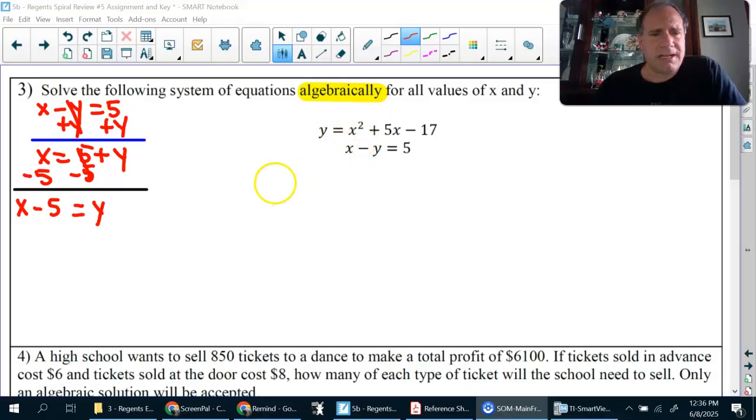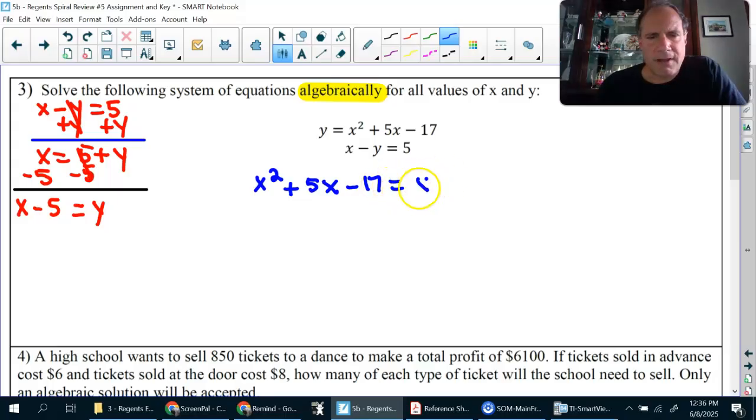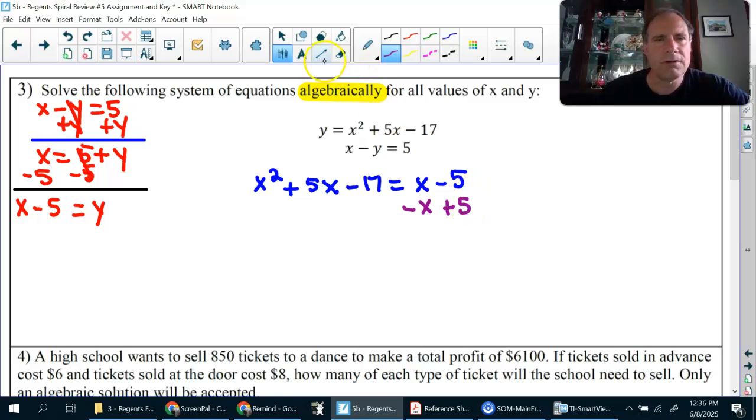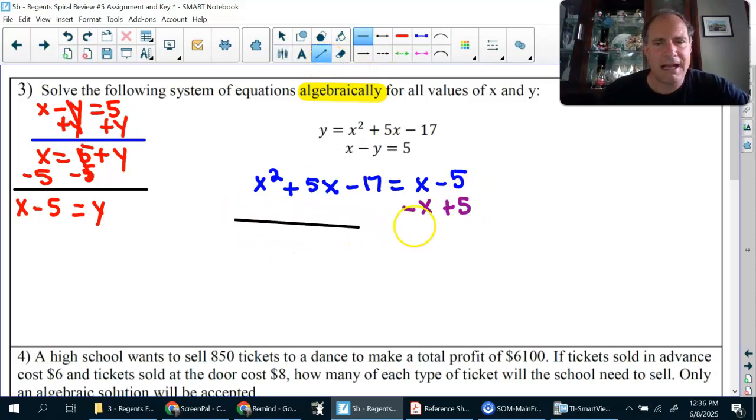Since this is already equal to y, now I am going to put x squared plus 5x minus 17, and that equals x minus 5. The reason they are equal to each other is because they're equal to the same thing. So now I'm able to try to get this to a trinomial that I could factor, right?